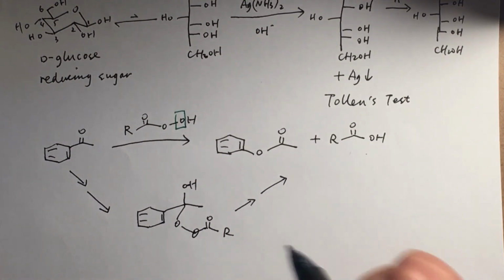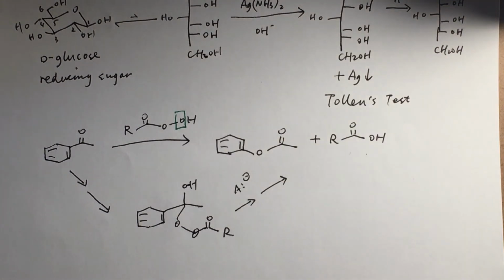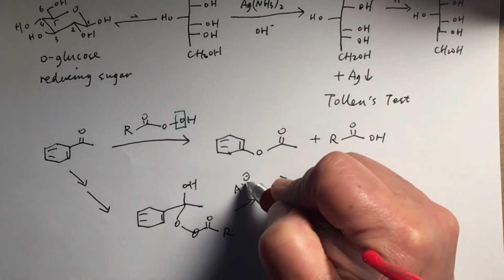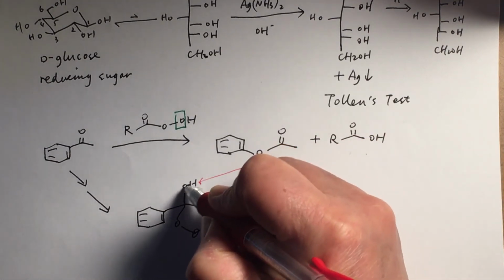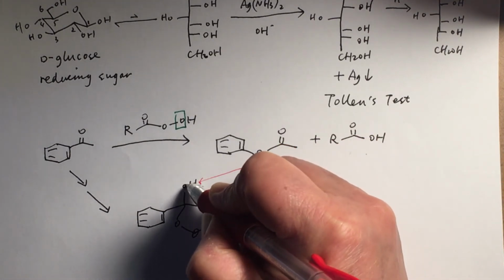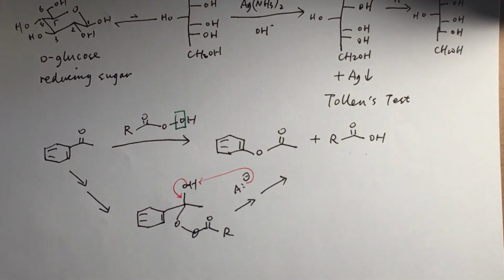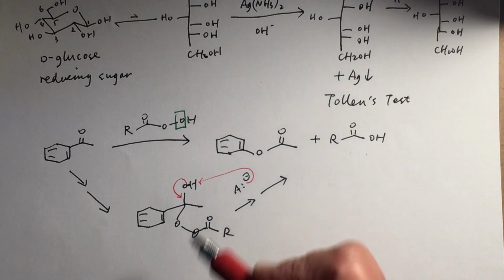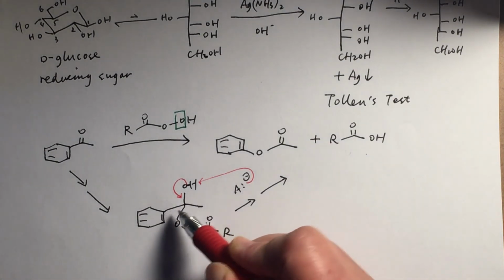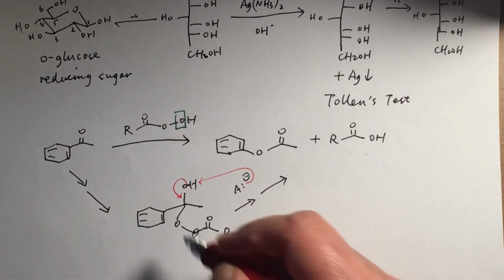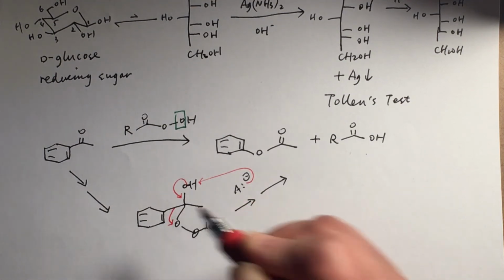After a number of mechanistic steps again, this tetrahedral intermediate could be deprotonated, and the electrons between oxygen and hydrogen shift over to form a carbon-oxygen pi bond, and this carbon-carbon bond, the electrons carrying this phenyl group, is broken to form a carbon-oxygen bond.